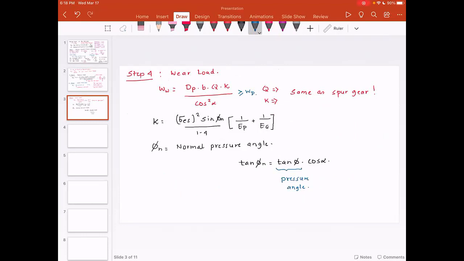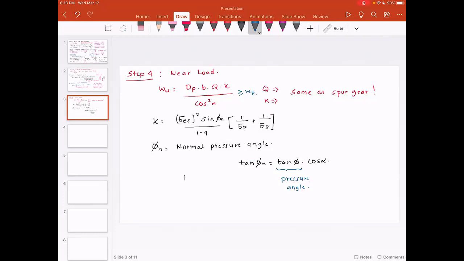Now, I know I worked out a problem quickly, but let me work out one more problem. In this problem, I would like to solve the complete problem, starting from the gear design and moving on to the shaft design. It would be instructive to understand what type of loads come on the helical gear.